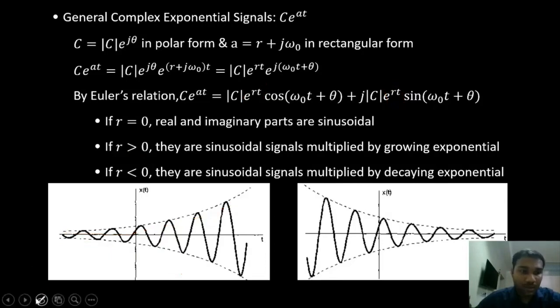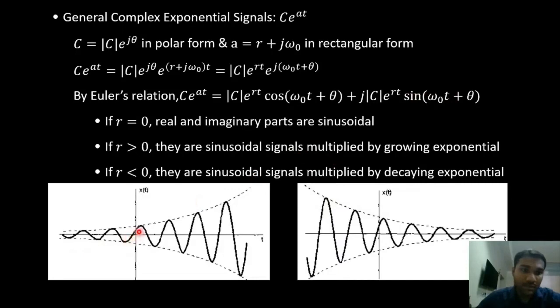These dotted lines represent growing exponentials. So the cos signal when multiplied with the growing exponential will look like this. It will just modify the amplitude of the cos signal, and the sine signal is also multiplied with a growing exponential.